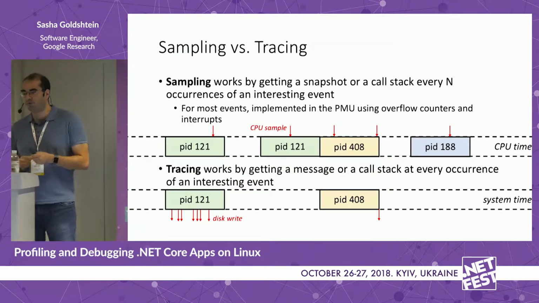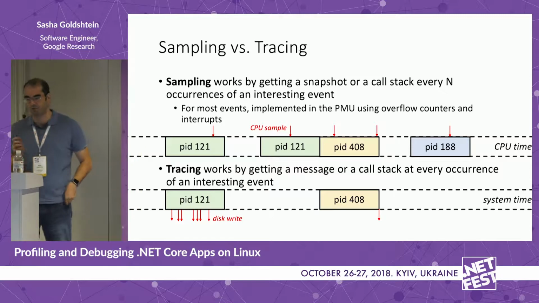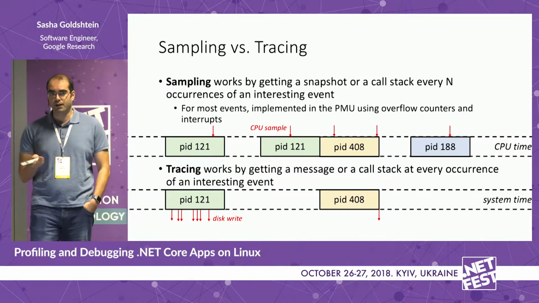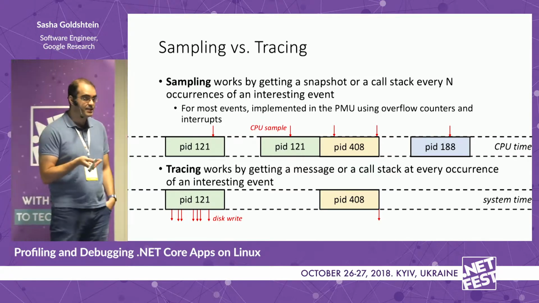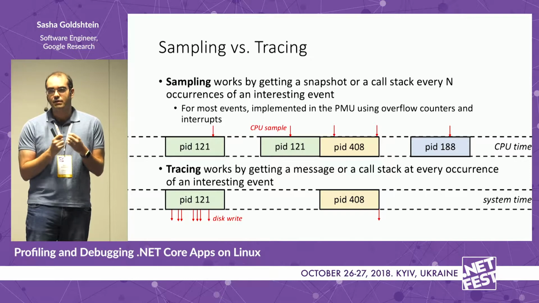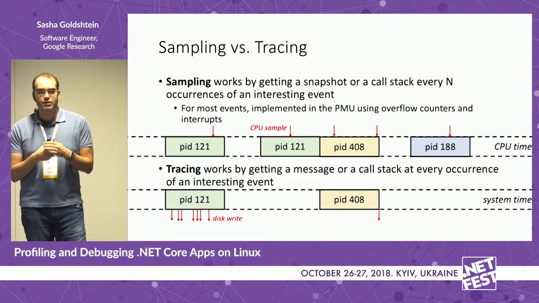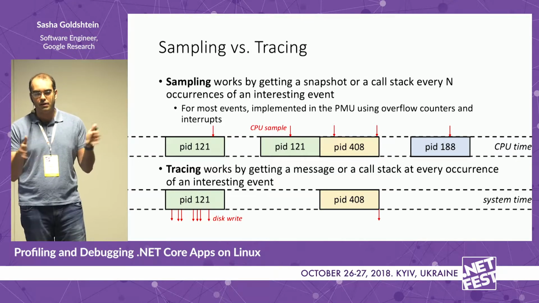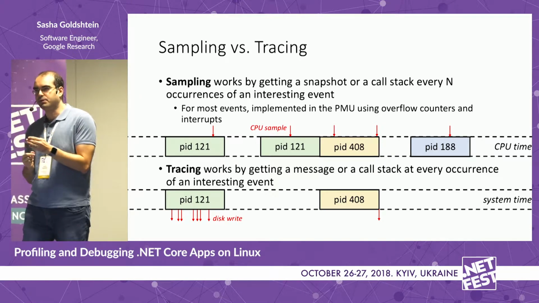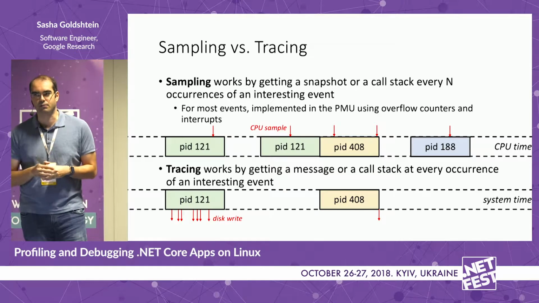So let's start with a bit of terminology and then dive into specific tools. Sampling and tracing are two key terms in performance profiling and performance investigation. Sampling is when you don't look at every single thing the system is doing, but rather you let the system do its thing, you let the system run, and once in a while you interrupt the system and you look at what it's doing.